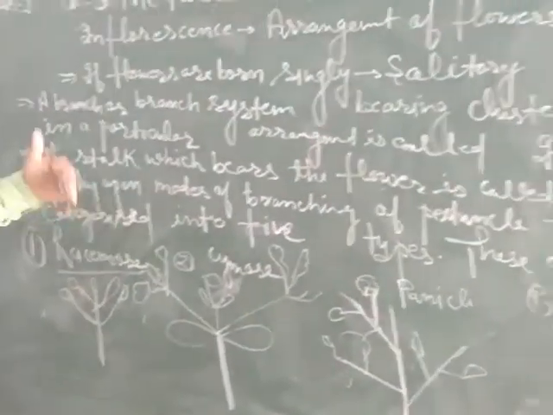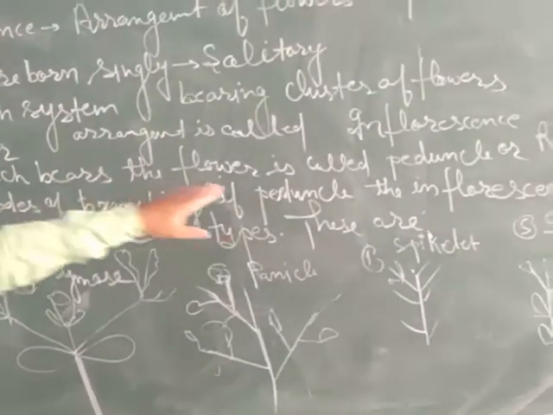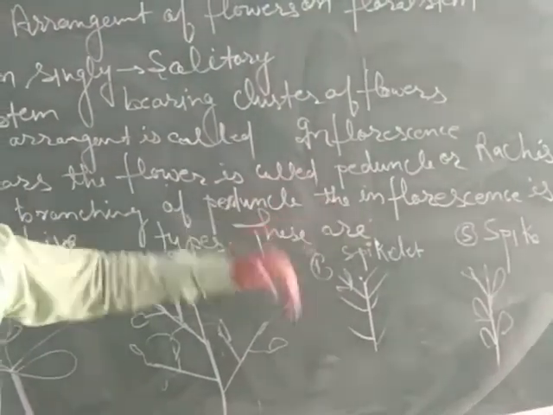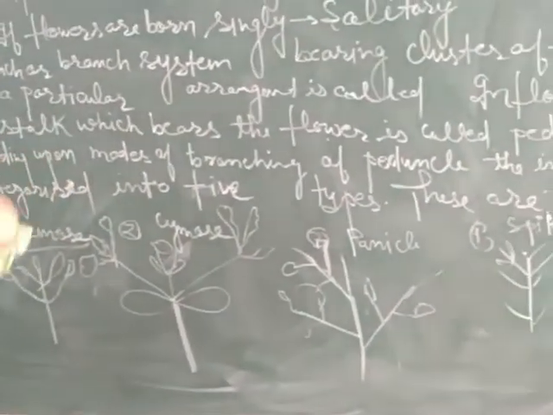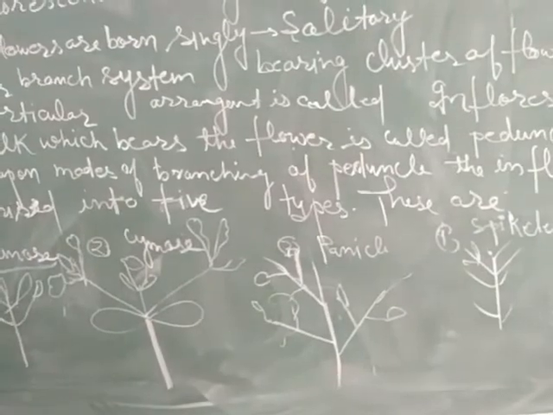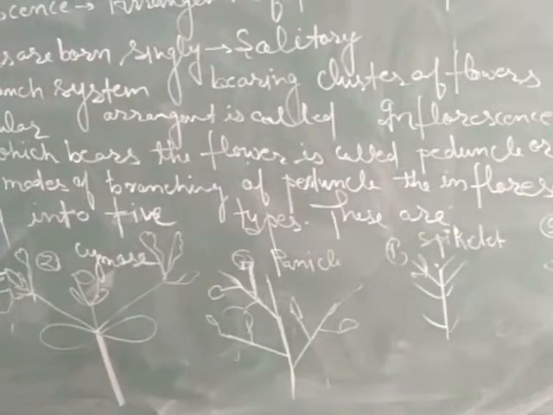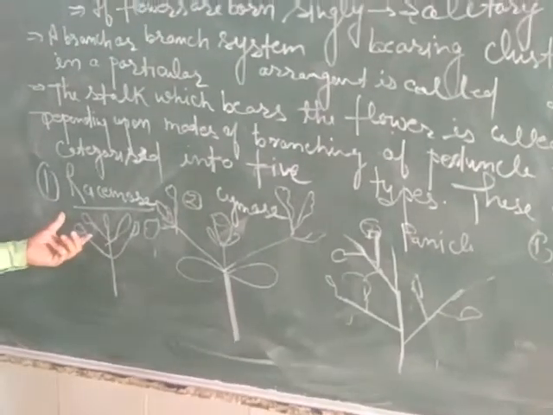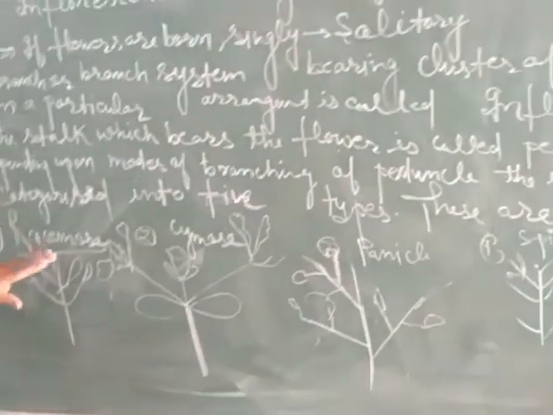Depending upon the branching of the peduncle in an inflorescence, it is categorized into 5 types. According to the arrangement of the peduncle, we can classify 5 types of arrangement that bear flowers. First is racemose type.